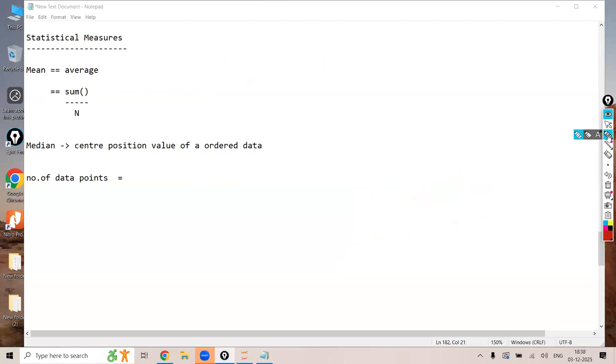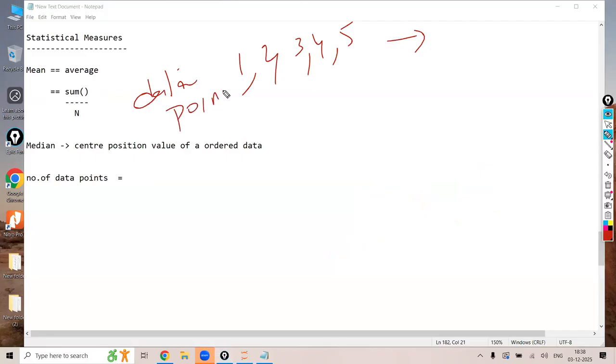In an exam, if they give 1, 2, 3, 4, 5 and ask for the mean value or median value of these 5 values, these are called data points. Now if you receive the same data as a column, 1, 2, 3, 4, 5, then they are called records.